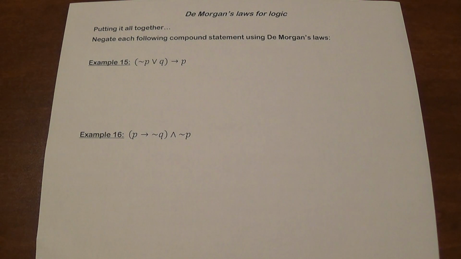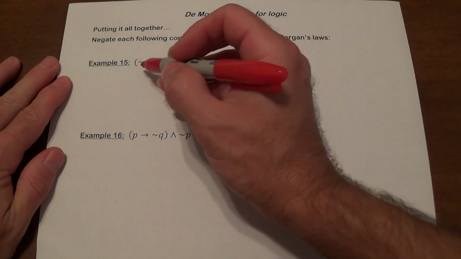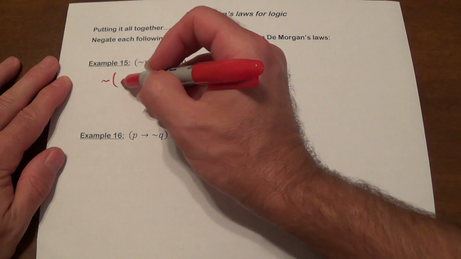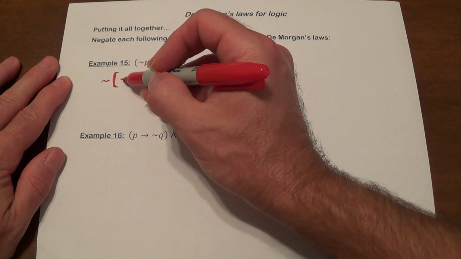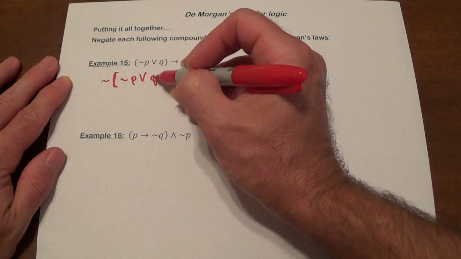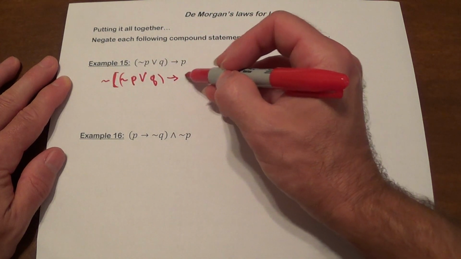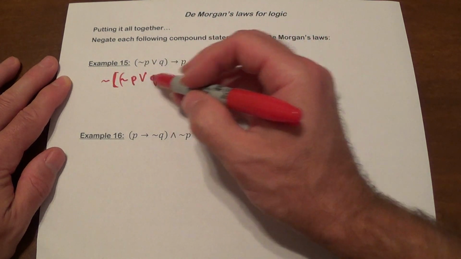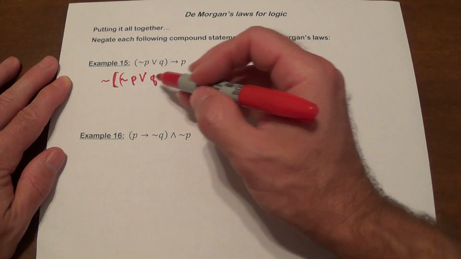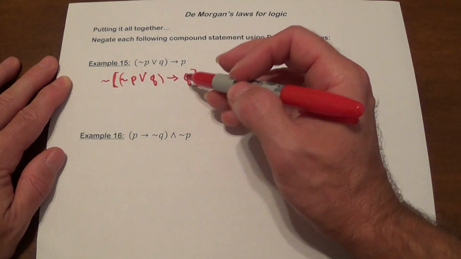Alright, and now we're going to put it all together. So what we want to do here is take more complex statements and negate them. So each one has to be negated. So remember what we're trying to do here. We're trying to negate this whole thing. So the first thing we're going to do is just apply that to this conditional statement.